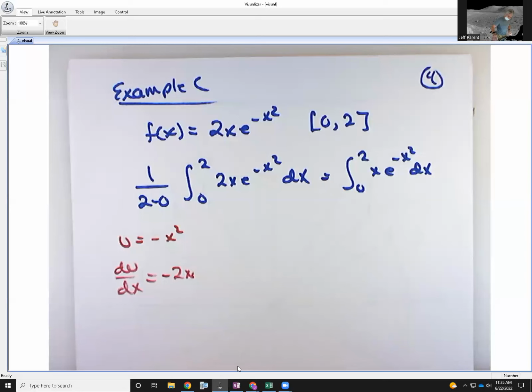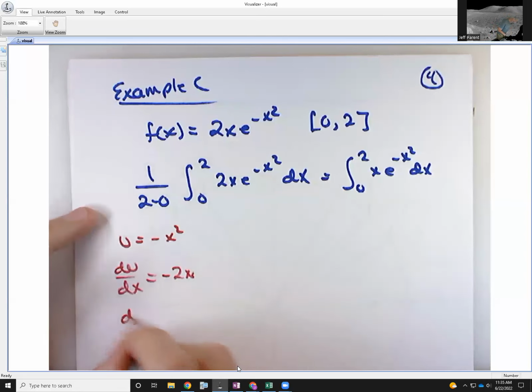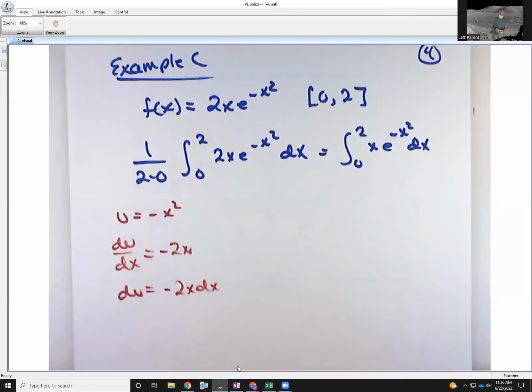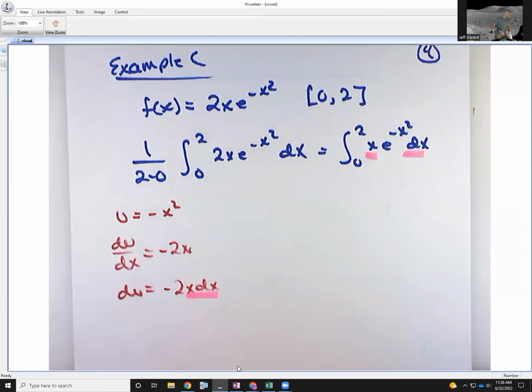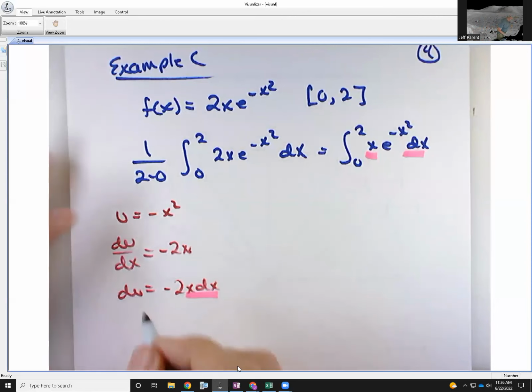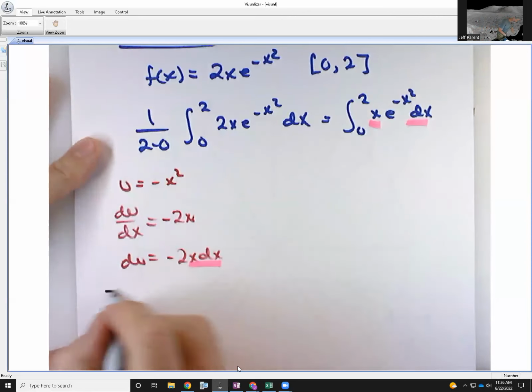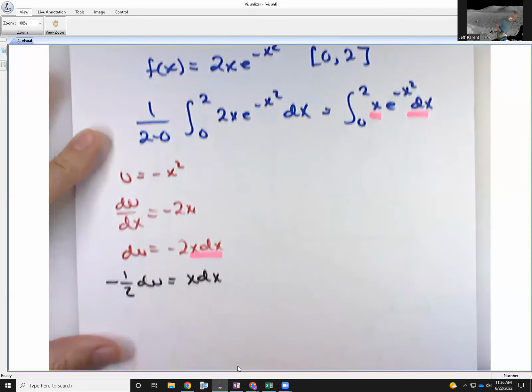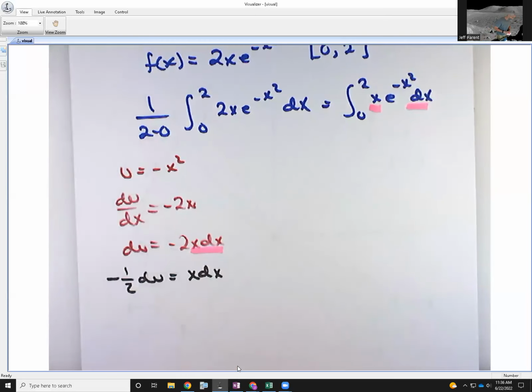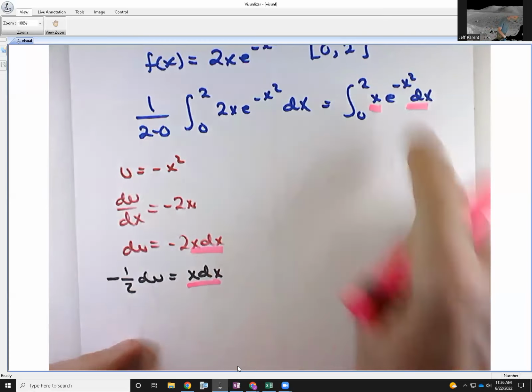If you multiply both sides by dx, you'll get du equals negative 2x dx. And that's almost what I want because I've got an x and a dx over here. So let's get rid of that negative 2 by multiplying both sides by negative 1/2. Negative 1/2 du is x dx. And again, that's perfect because that's exactly what I've got up here.